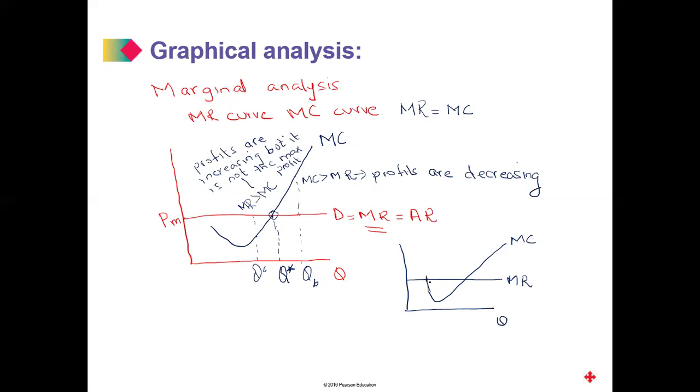So which quantity are we going to choose? It could be this could be the best quantity, or this could be the best quantity. No, this is not going to be the best quantity. We are going to choose this point because the rule for this is as follows. We will always choose the intersection point where marginal cost is rising.